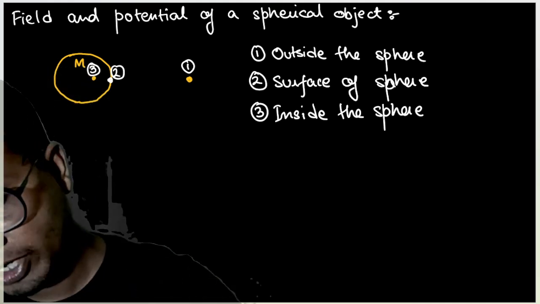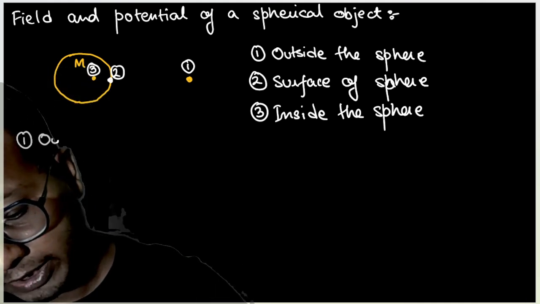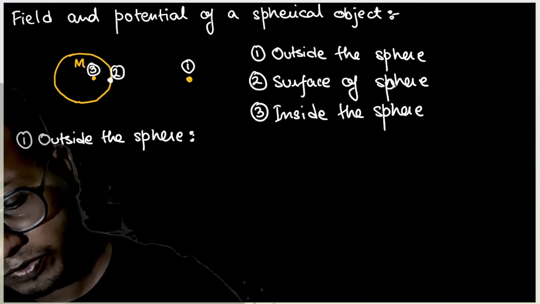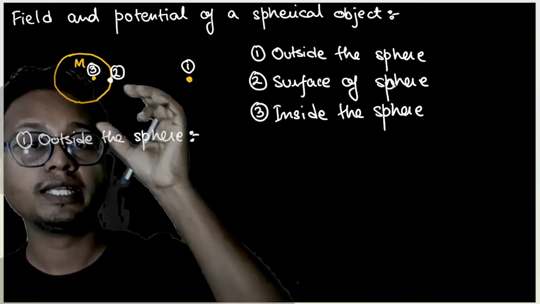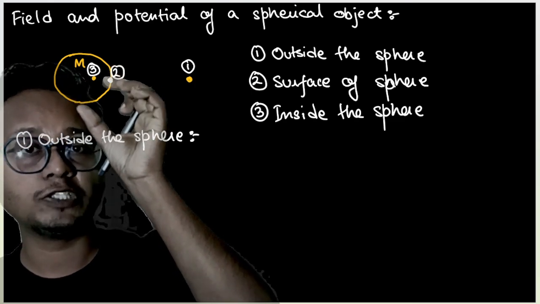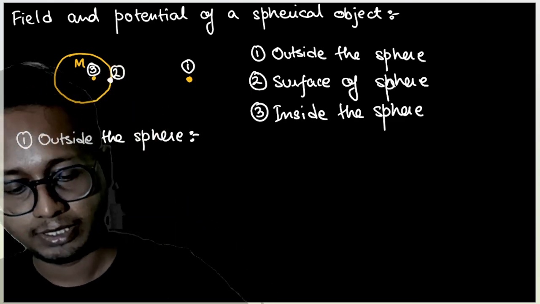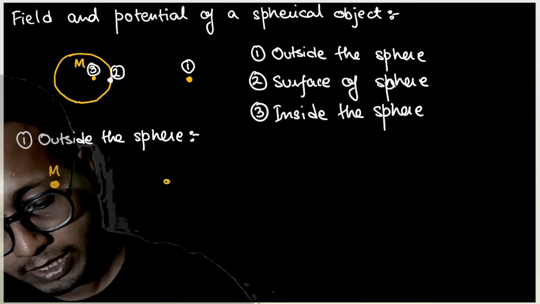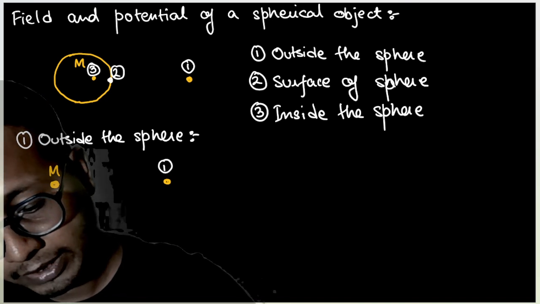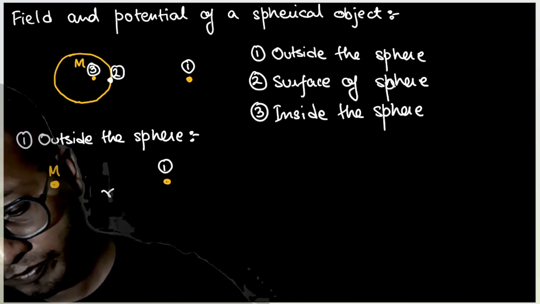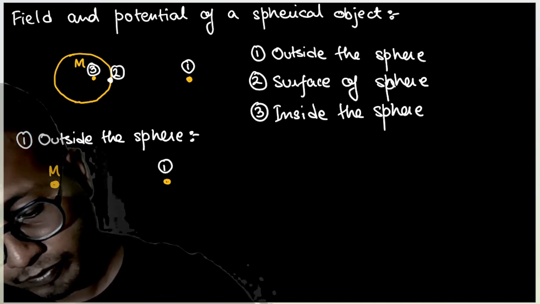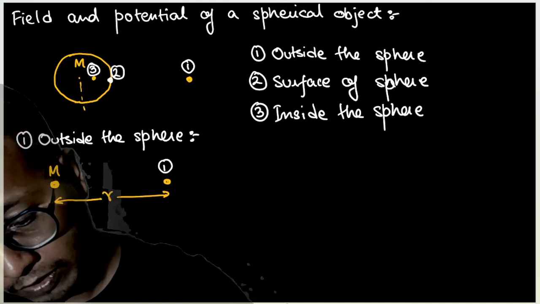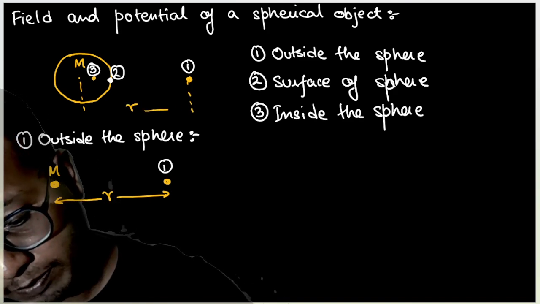Now whenever you're talking about point 1, outside the sphere, whenever you have to find out the field outside the sphere, this entire sphere can be assumed as a point mass situated at the center of the sphere. You have to find out the field at this point, and this distance is r. r is nothing but the distance between the center of the sphere and a point outside the sphere.